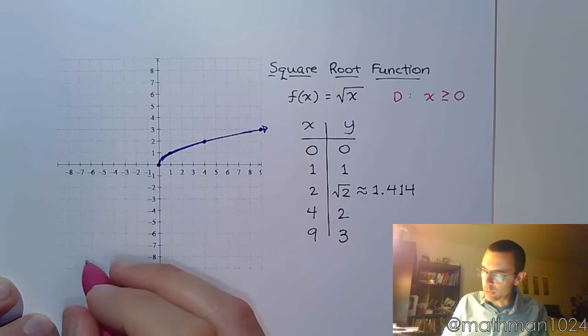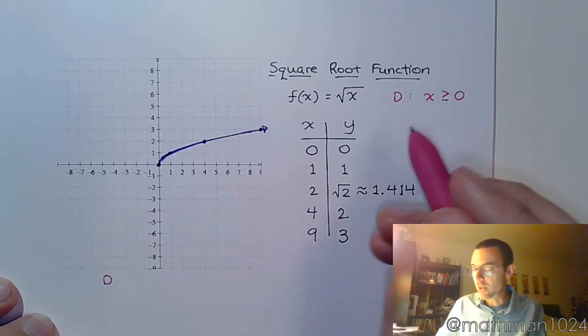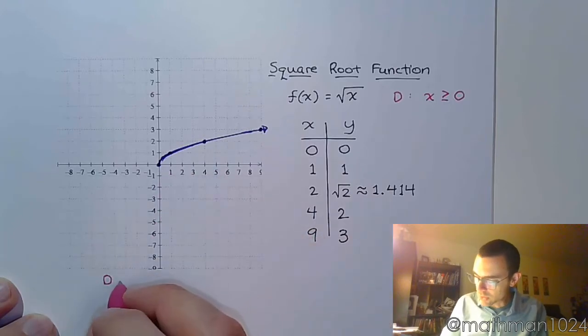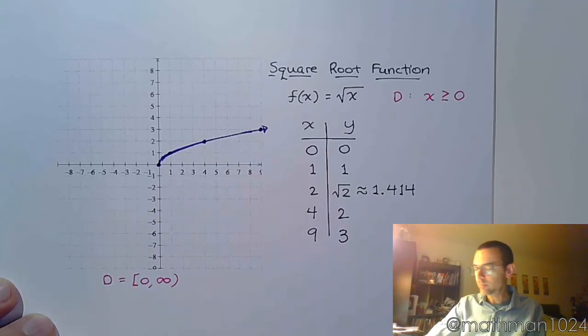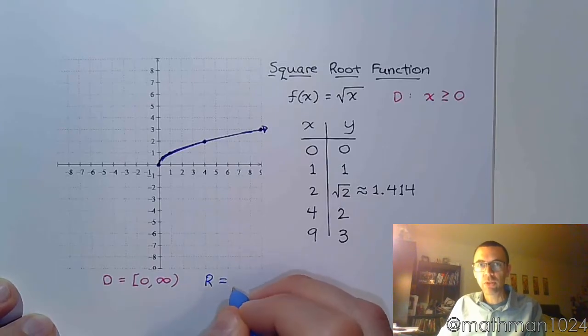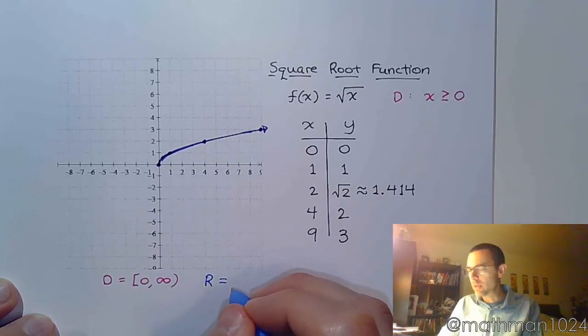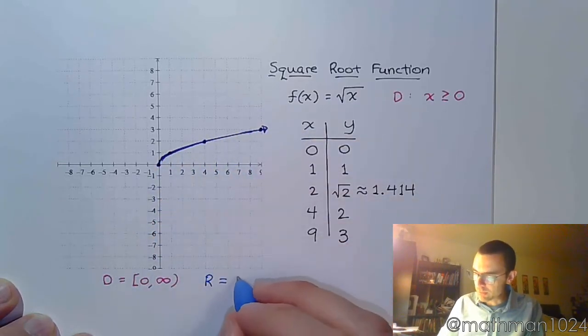Alright, so what is the domain? Well, we just said the domain is going to be where x is greater than or equal to 0. You see it here in the picture. So your domain is bracket 0 to infinity. And your range, as you go bottom to top, those set of y values that form this picture, the lowest he gets is 0, but he keeps going up and up.